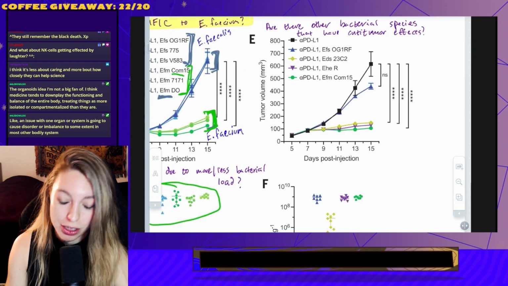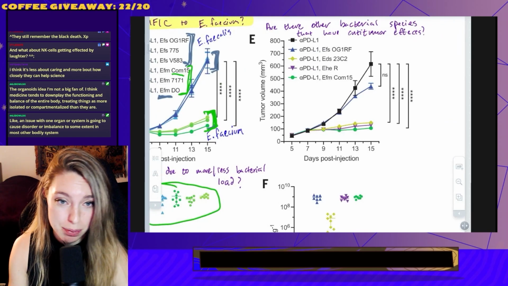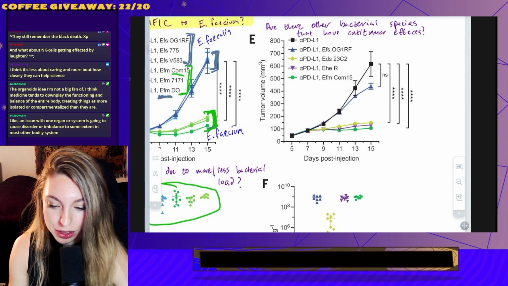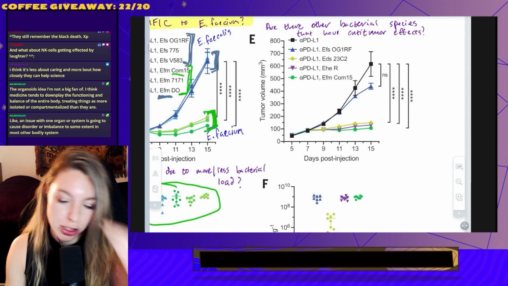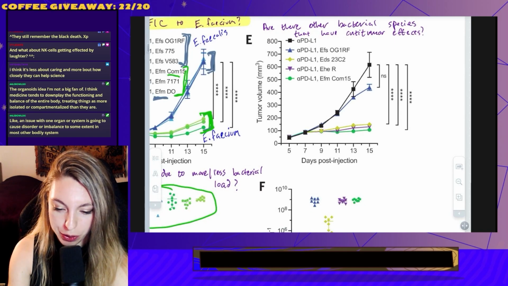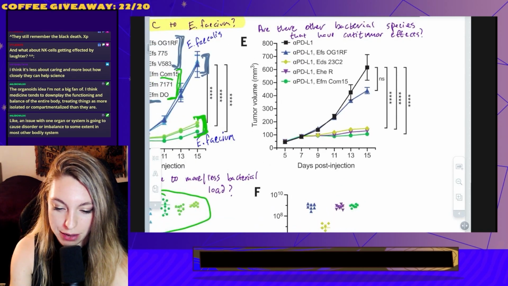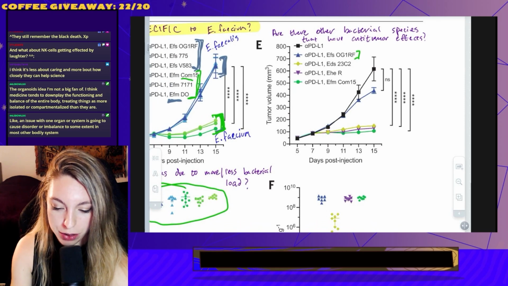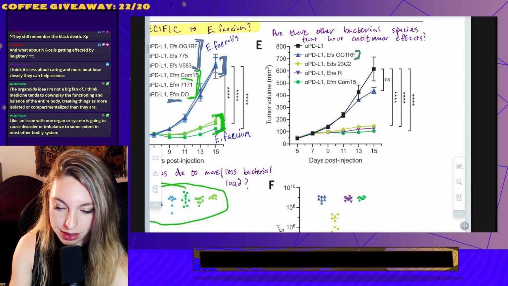So then they ask, are there other bacterial species other than Enterococci that could do this similar thing? Well, actually, they look at other Enterococci, and they basically come up with a whole list. So you could see that there's E. faecalis, which is the one that doesn't work very well, in blue. Let's stick to our color scheme. So you can see this one, the tumors get pretty large.